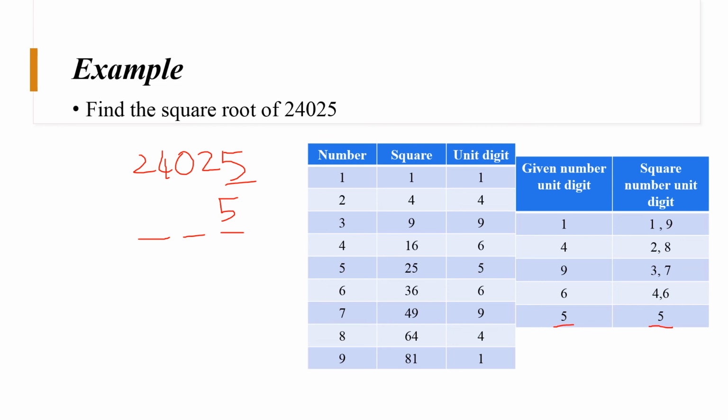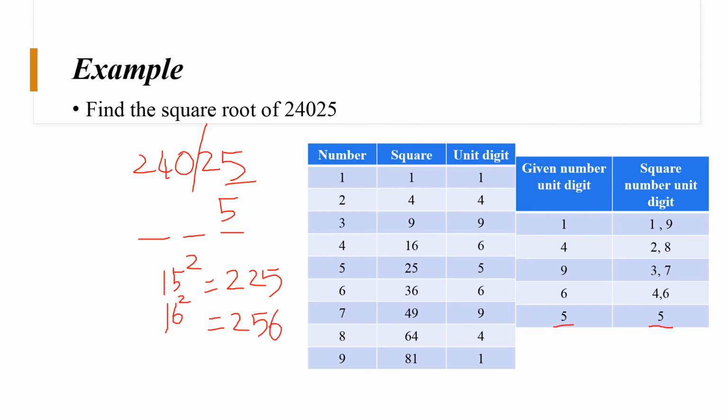Next step, we want to remove the last 2 digits, that is 25. Here 240 remains. 240 lies between 15 squared and 16 squared. 15 squared is 225 and 16 squared is 256.